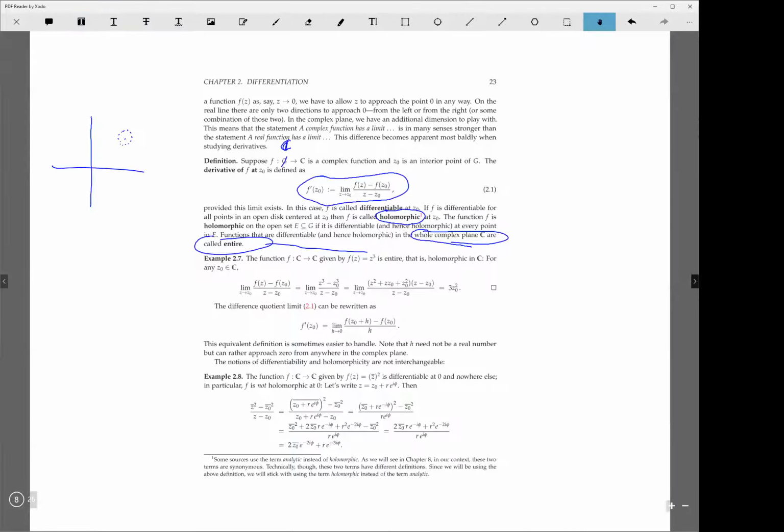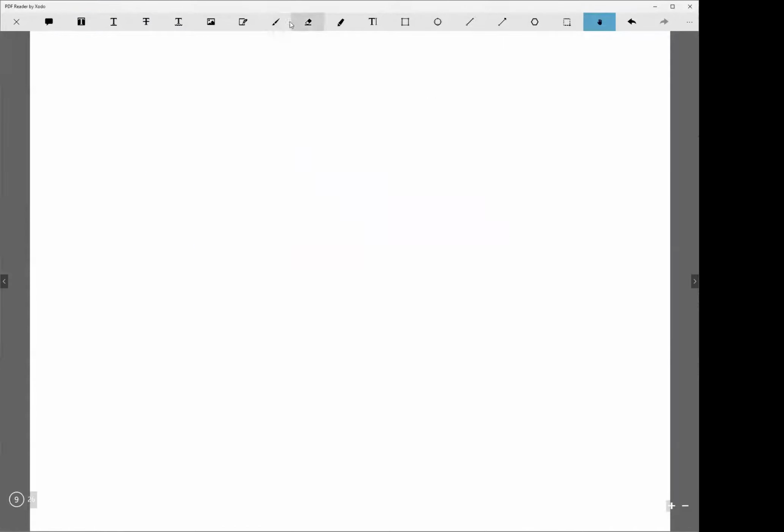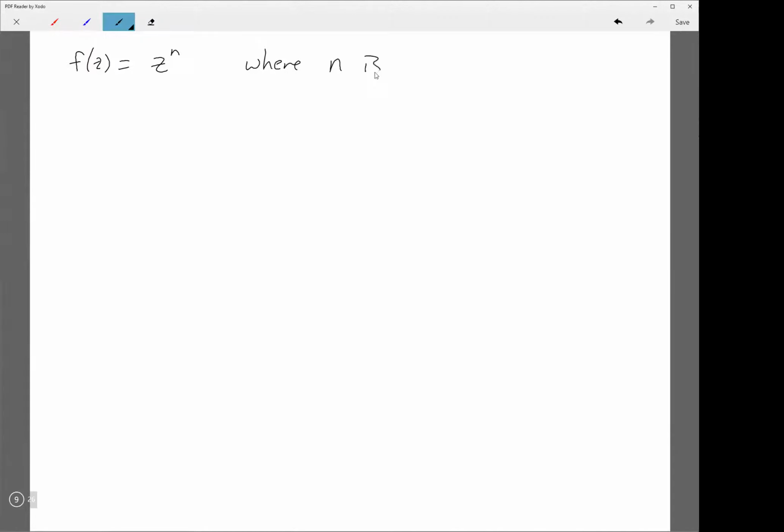Okay, let's take a look at f of z equals z to the n, where n is a positive integer.